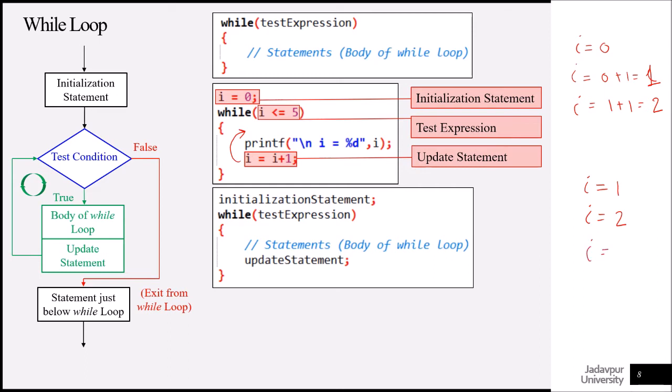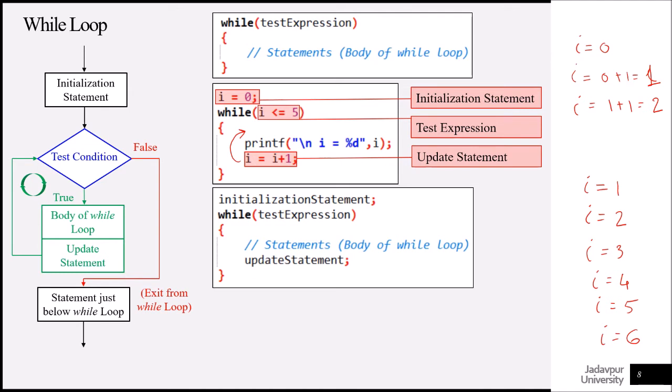It will continue till i equal to 6 is obtained. At this final stage, when the test condition is checked, i is equal to 5. Once it enters into the loop, its value goes to 6. That value is printed, and then it goes to check the condition again.